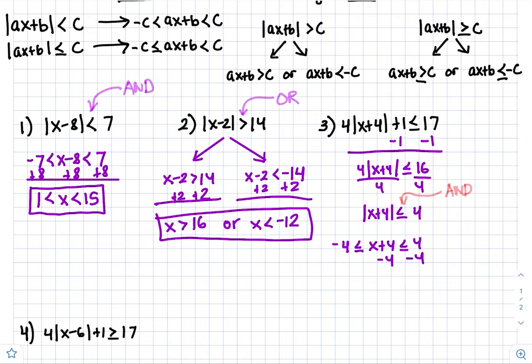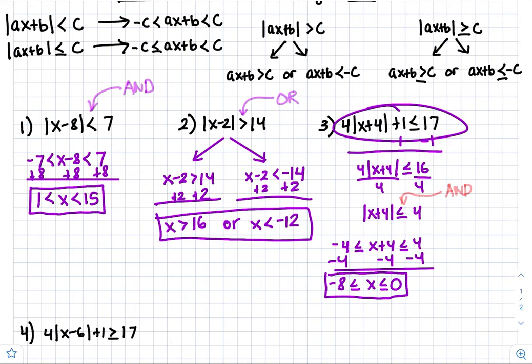Okay, so we're going to subtract 4 everywhere. So we're going to get -8 less than or equal to x less than or equal to 0. And that is going to be our final answer. So anywhere from -8 to 0, it's going to satisfy this answer.